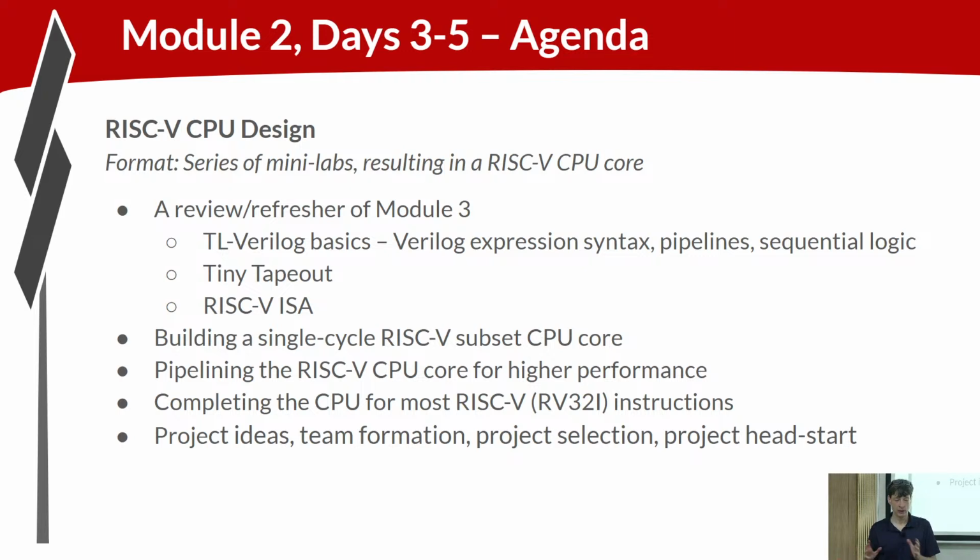We're going to deal with the difficulties that are involved when you overlap the execution of instructions. And then we're going to go back and complete all the remaining instructions of the RISC-V instruction set architecture. After that, we get on to final projects.